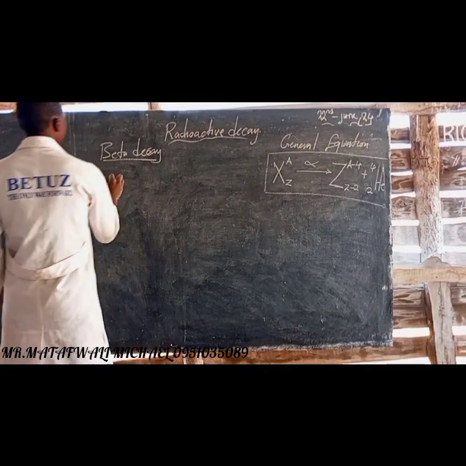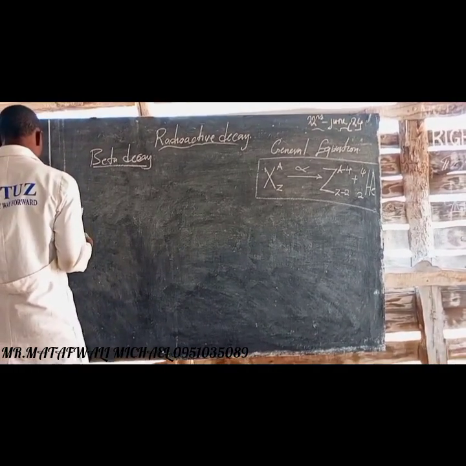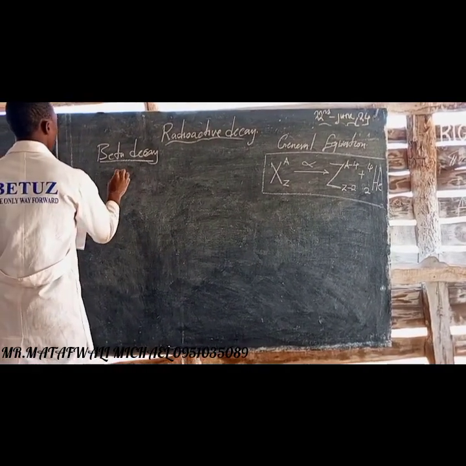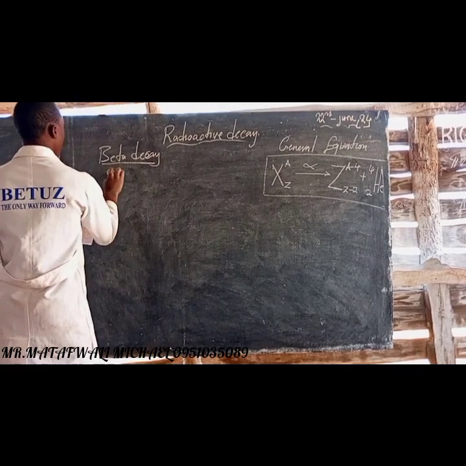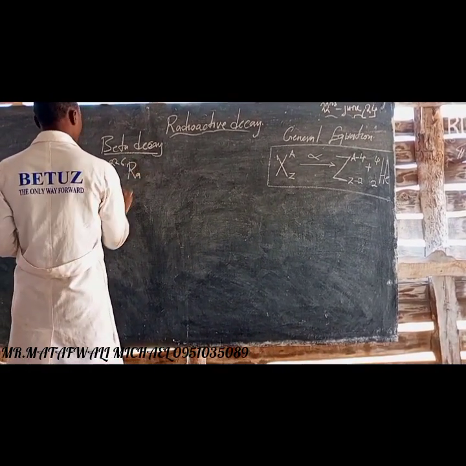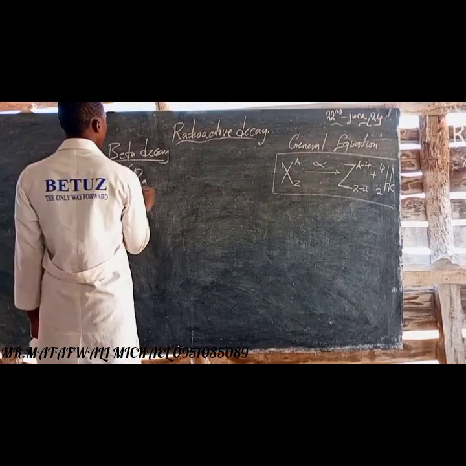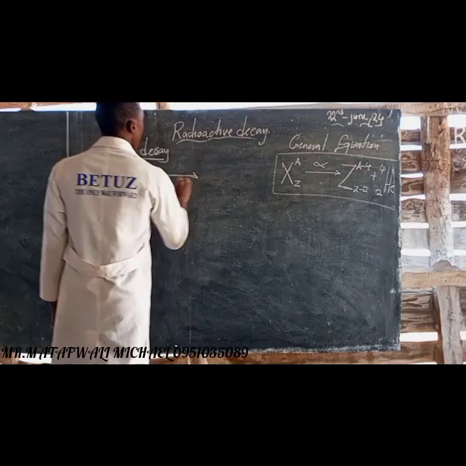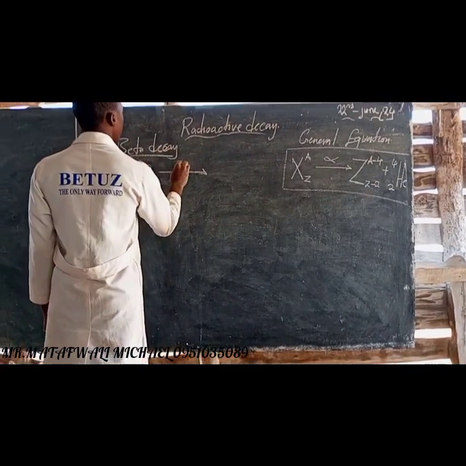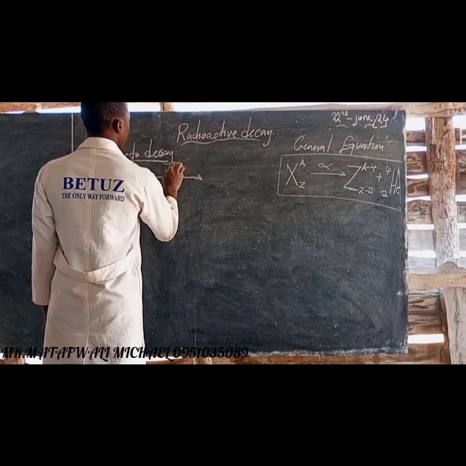We are going to give an example using the same element, which is radium. Radium has a mass number of 226, then the proton number is 88. So when radium emits a beta particle, the symbol for a beta particle looks like this.